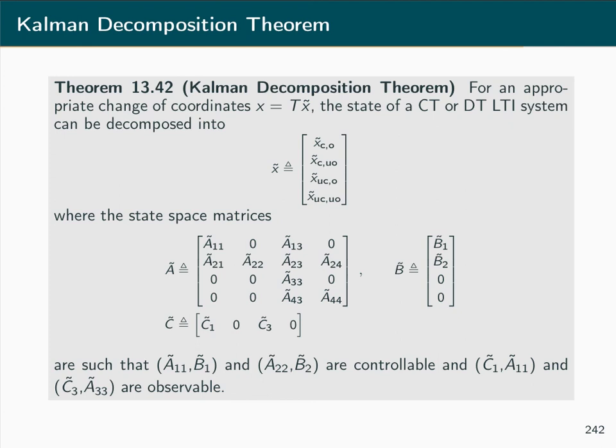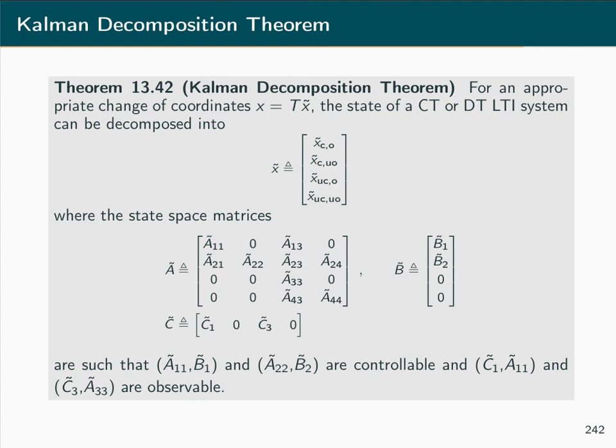And then we have also decomposed the state into an observable state and an unobservable state. Now we bring both of these decompositions together and decompose the state into a controllable and observable state, a controllable and unobservable state, an uncontrollable and observable state, and an uncontrollable and unobservable state.